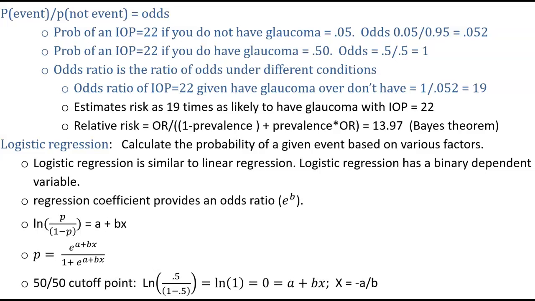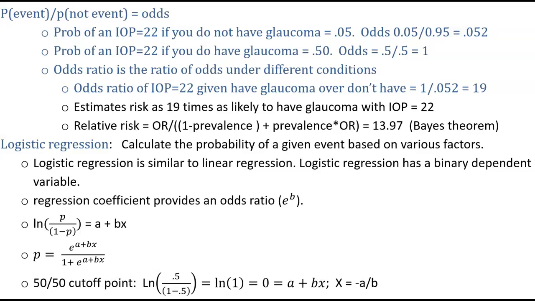On the other hand, if you do have glaucoma, the probability of an IOP being 22 or greater is about 50%. So the odds are 0.5 over 0.5, which equals 1. The odds ratio is the ratio of two odds under different conditions. In this case, the odds ratio of IOP being 22 or greater, given that you have glaucoma over don't have glaucoma, is 1 over 0.052, or 19.